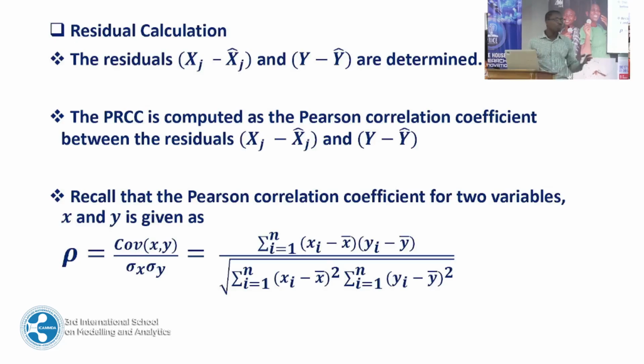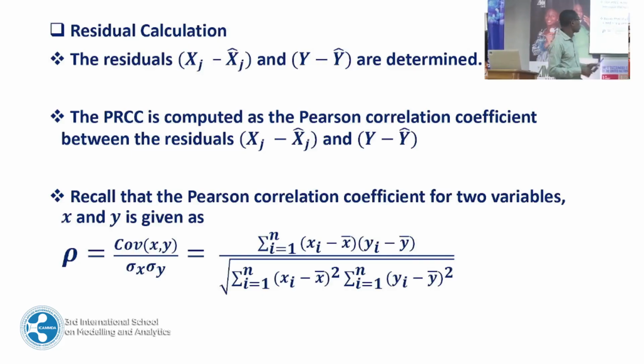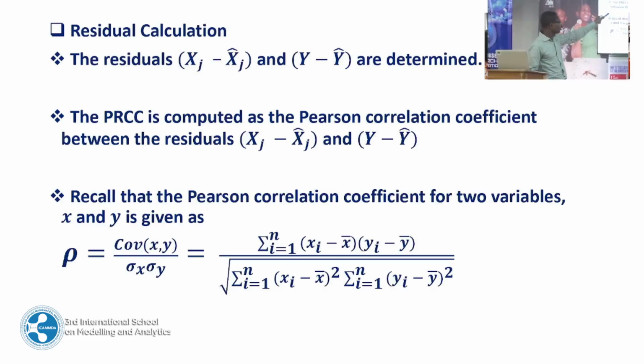Then you now compute your PRCC, the partial rank correlation coefficient. It's computed as the Pearson correlation coefficient between the two residuals. The residuals of XJ, which are rank transformed, and then you have your predicted values.